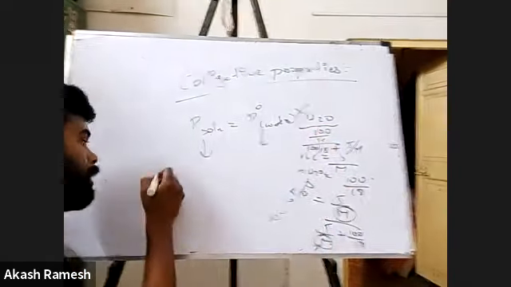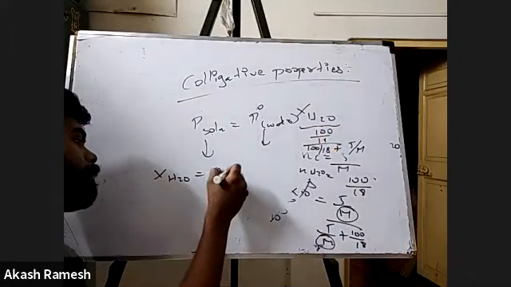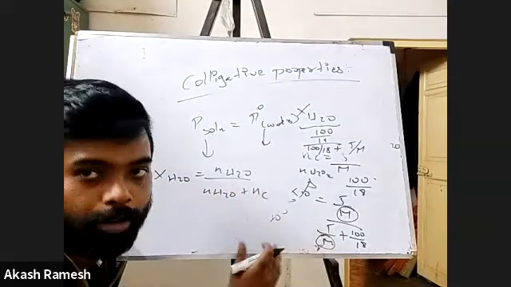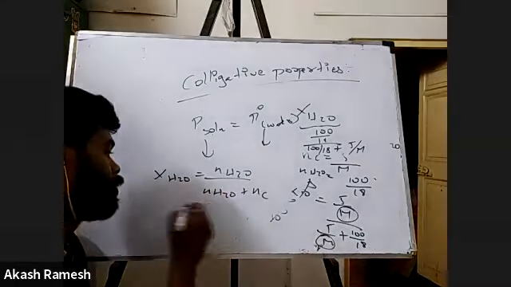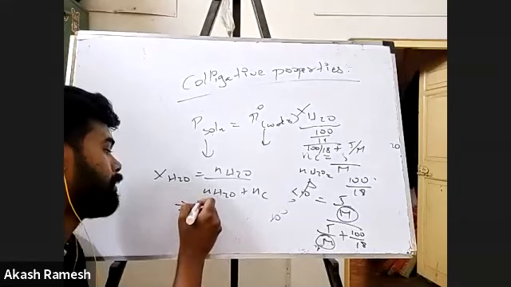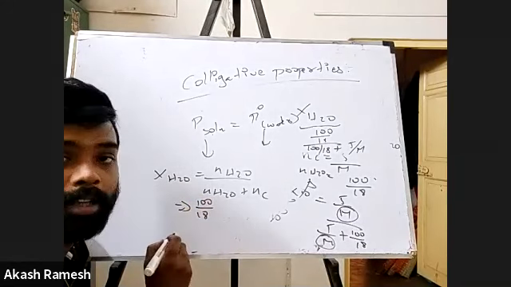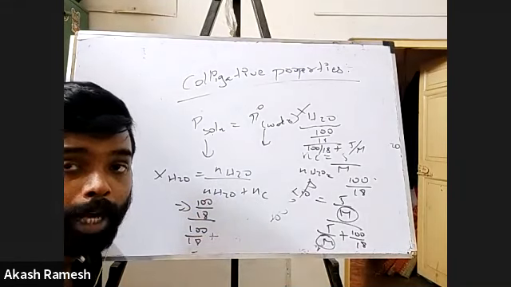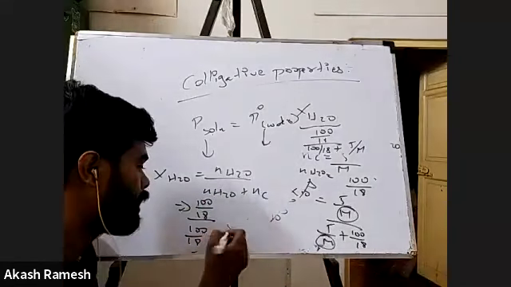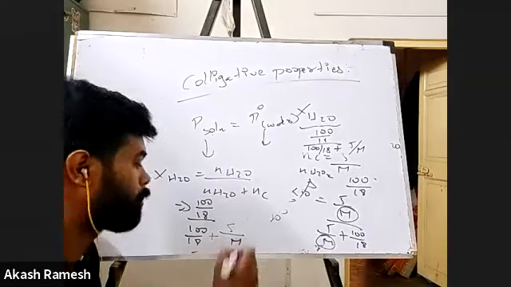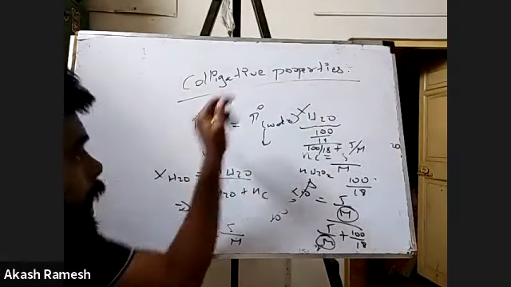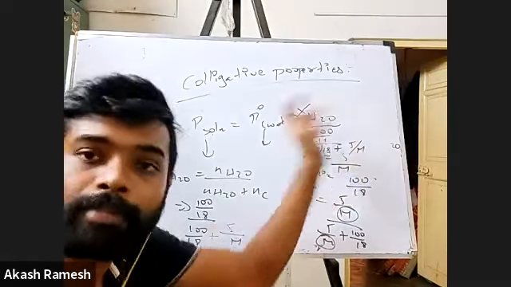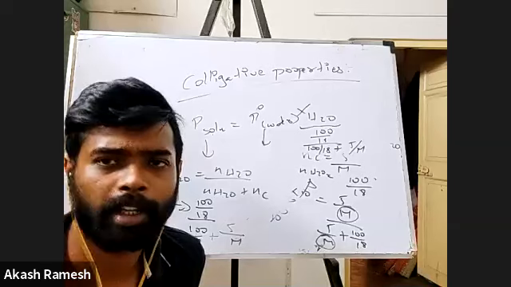X of H2O is the number of moles of H2O divided by the number of moles of H2O plus the number of moles of the compound C. The number of moles of H2O is known: given mass 100, molecular mass 18. Plus the number of moles of C, which is given mass 5, that we know. We don't know the molecular mass. So it's substituted here; everything is known except M. Again, you can calculate. Okay, right?